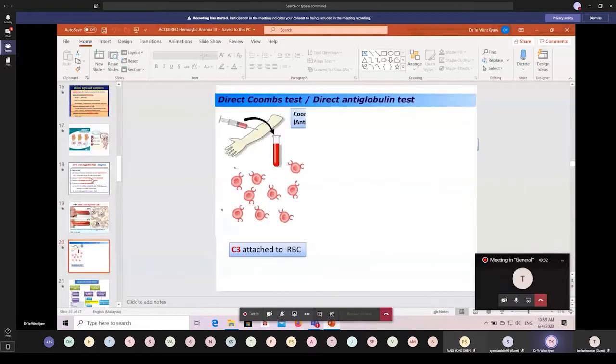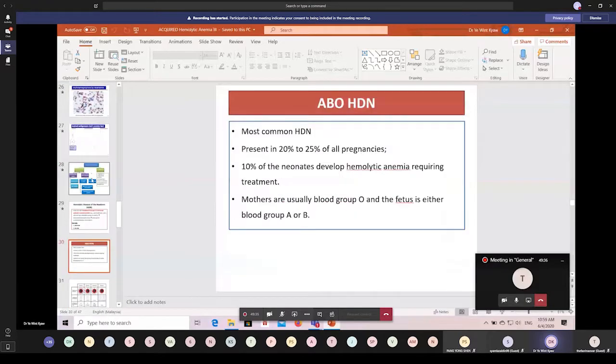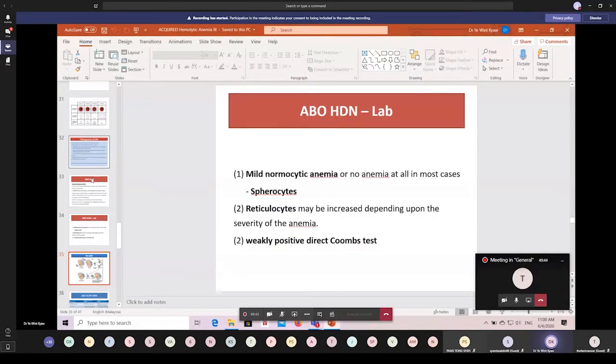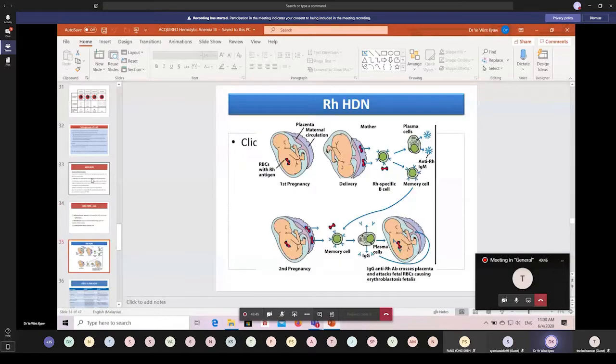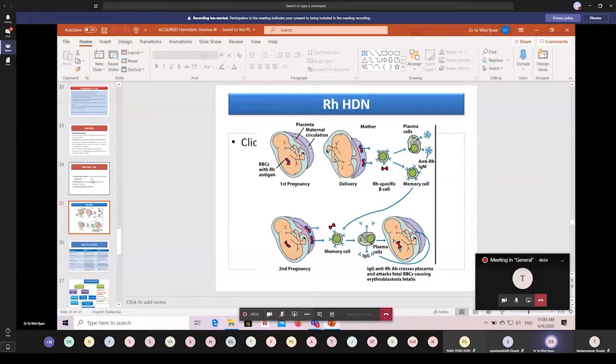For warm antibody and cold antibody, you should know, you need to differentiate what temperature, what the clinical features are, what the immunoglobulin type is. Another one is pathogenesis of hemolytic disease of newborn due to Rh. ABO is not too important. Hemolytic disease of newborn due to Rh blood group is important.